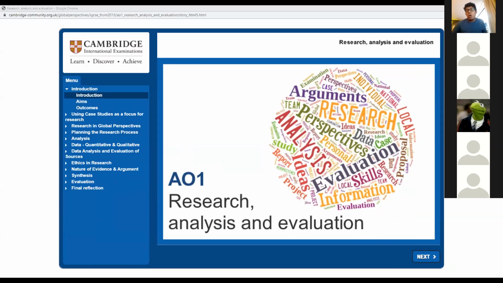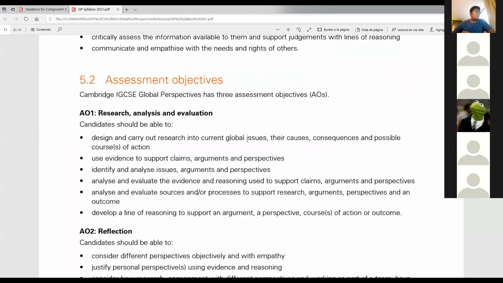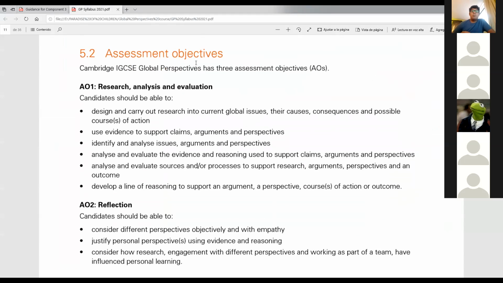If you weren't in that class, if you didn't read the syllabus, then you're in a lot of trouble, because the assessment objectives are in the syllabus. Where? Here. Assessment objectives 5.2. Research, analysis, and evaluation. Oh, yes, teacher. There they are. Research, analysis, and evaluation.